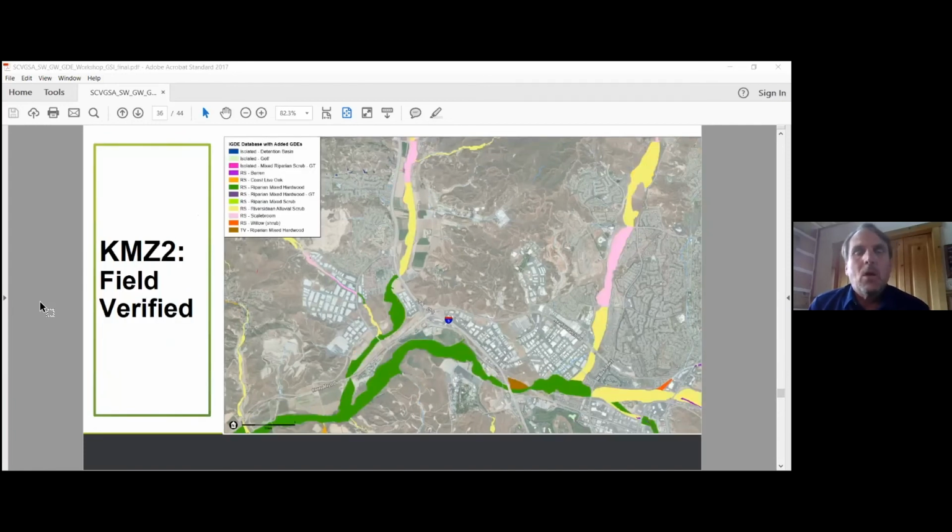KMZ2 then, we field verified and separated out habitat types between what would be associated with a riparian or perennial water source, such as the dark green here, which is a riparian mixed hardwood vegetation, which is willow trees and cottonwood trees mostly. And then the yellow is an alluvial scrub, meaning more of a drier habitat type.